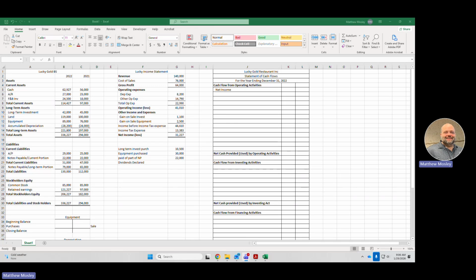I have gone ahead and transferred the balance sheet and the income statement over here, and I had started the basic outline of the statement of cash flows that's required to be done.